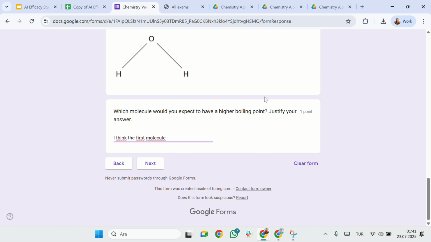Sorry, the first molecule would have a higher boiling point because the existing LDFs can result to have more strength than the hydrogen bonding in the water molecule. Okay.